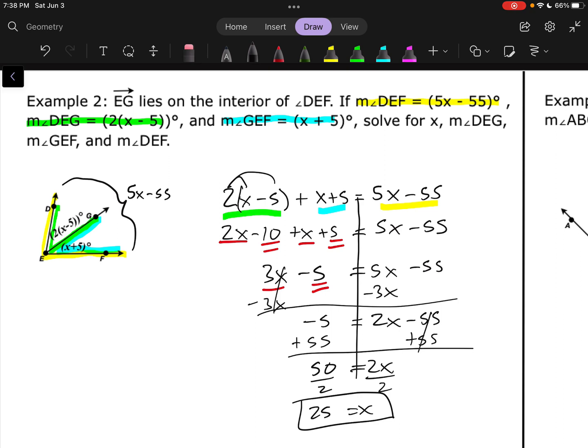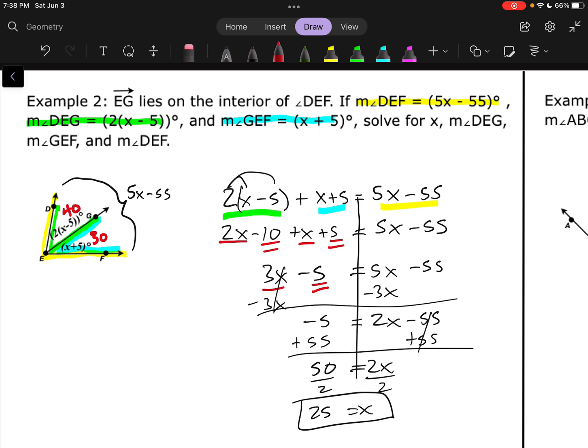So let's plug it back in and see if this works out. I think the easiest one's going to be GEF, the blue angle there. If x is 25, then x plus 5 is 30. For DEG, a little mental math here, 25 minus 5 is 20, and 2 times 20 is 40.